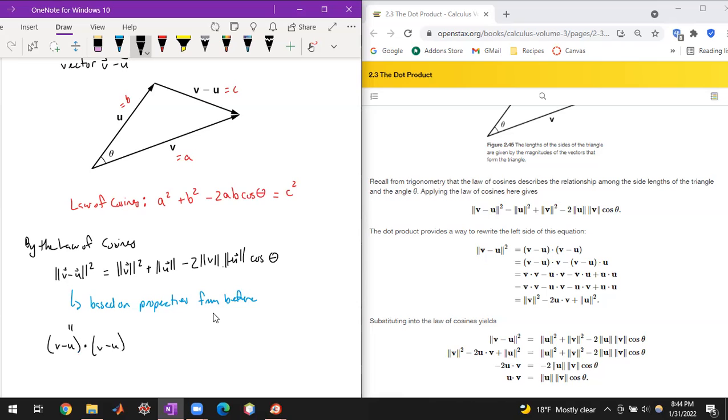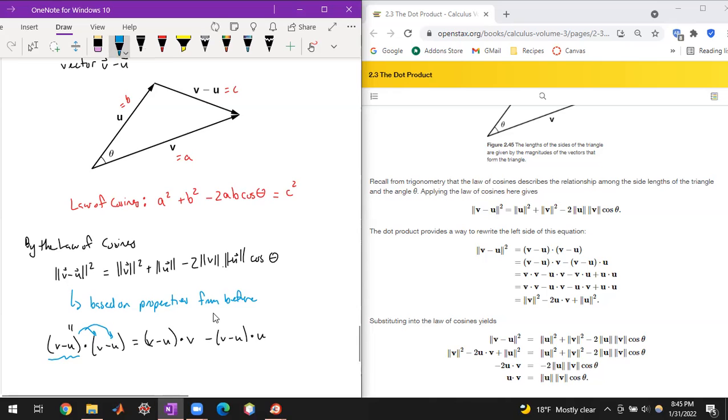And because of the distributive property involving scalars and sums of vectors, we can distribute this expression. So here's how we're going to do the distribution. I'm going to distribute the v minus u into the second set of parentheses, giving us v minus u dotted with v, minus v minus u dotted with u. So I've also taken advantage of the fact that scalars can be pulled out, right?